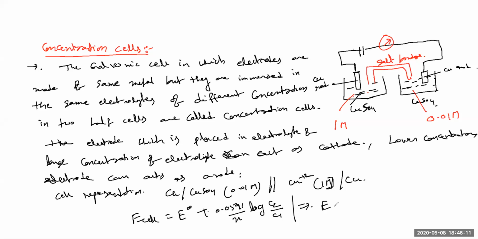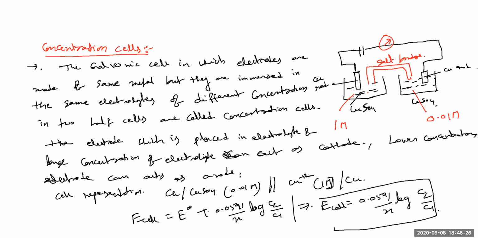So then final EMF of cell, or E cell, is equal to 0.0591 by n into log of C2 by C1. This is the final Nernst equation to calculate the total EMF of the concentration cell. Here C2 is greater than C1. Right?